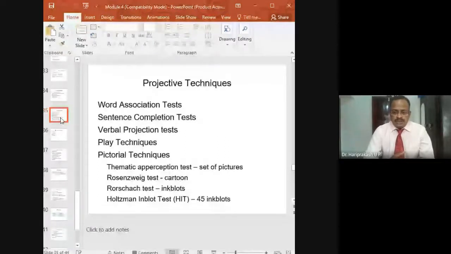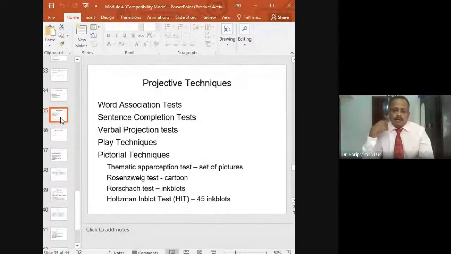Verbal projection means they will give a word and ask what they understand by that word, what they perceive through that word, what it means. Different words will be given and their meaning will be analyzed according to the respondents' responses. So that is a way of analyzing the individual personality.